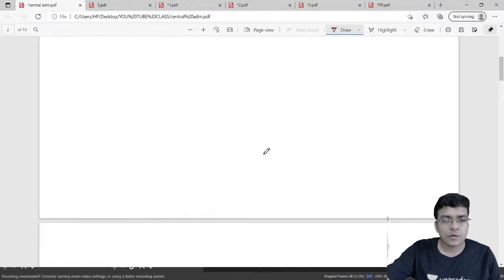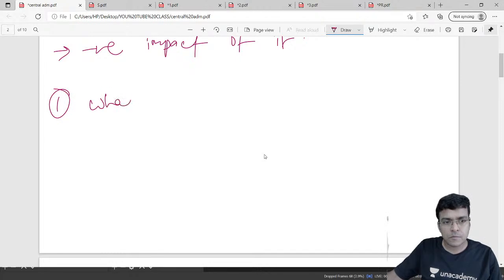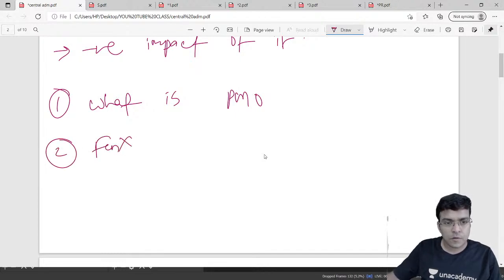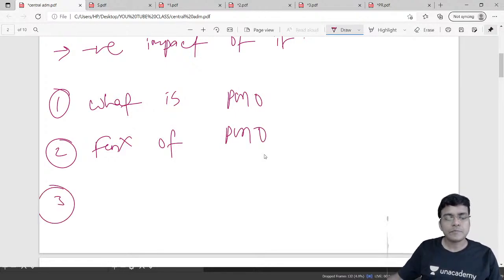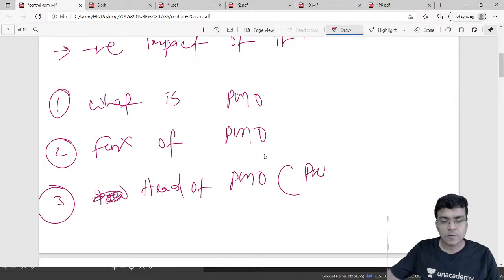So here, the part of answer: what is Prime Minister office? Second, function of Prime Minister office. The head of Prime Minister office is the principal secretary to the PMO.